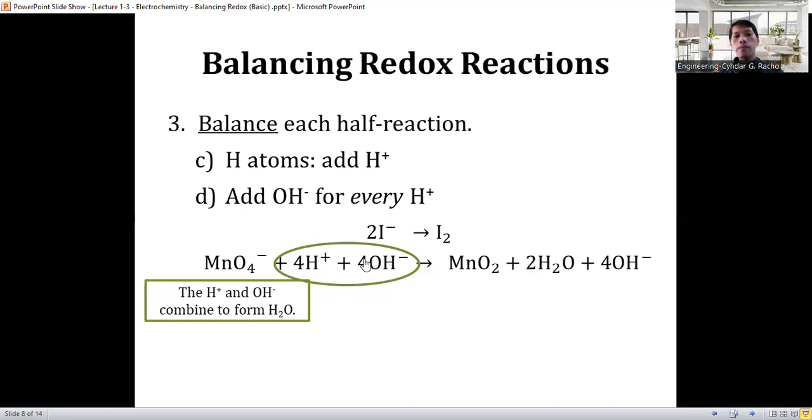So you have 4 H plus and 4 OH, and if you combine these, you can form H2O. That is why 4 H plus and 4 OH will form 4 H2O.